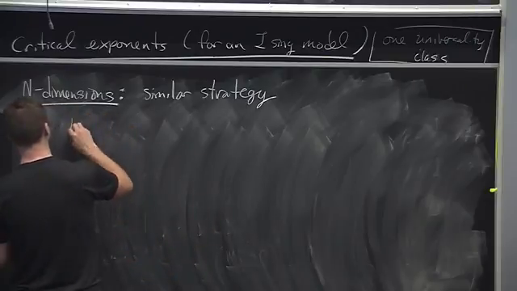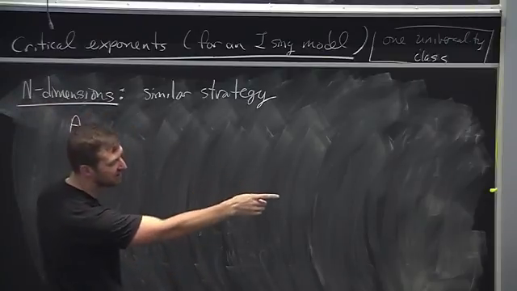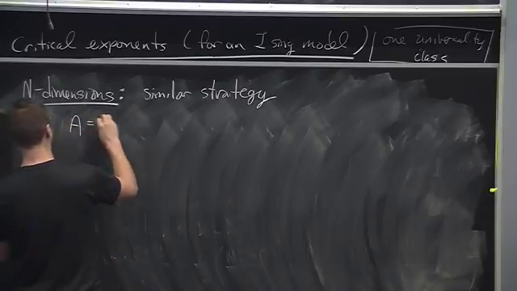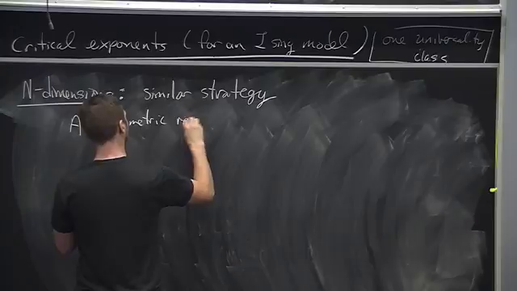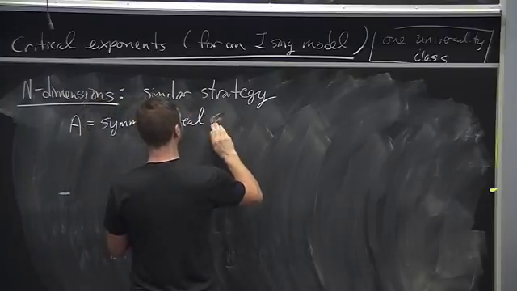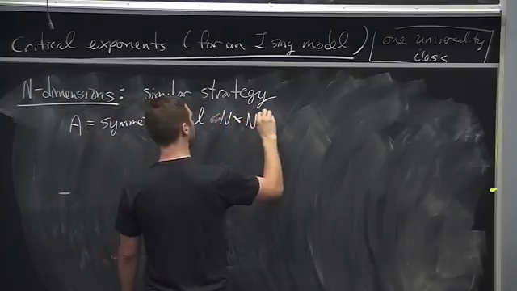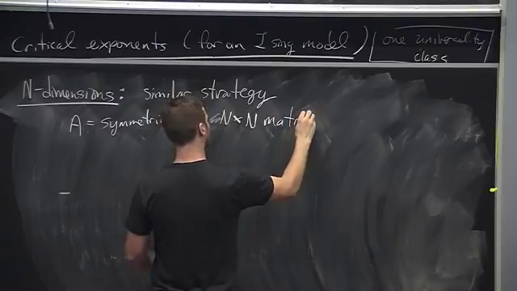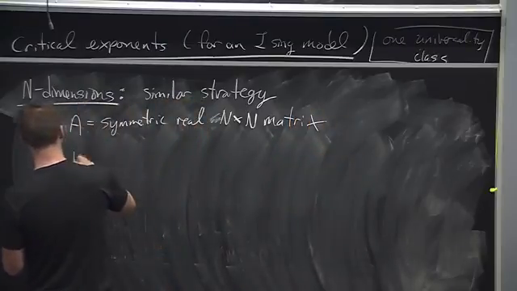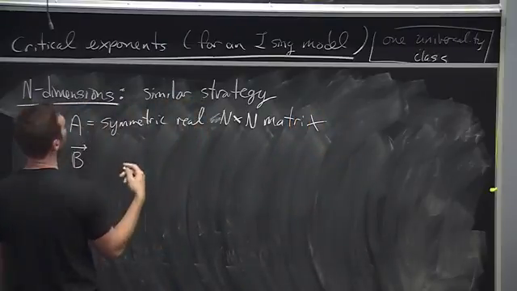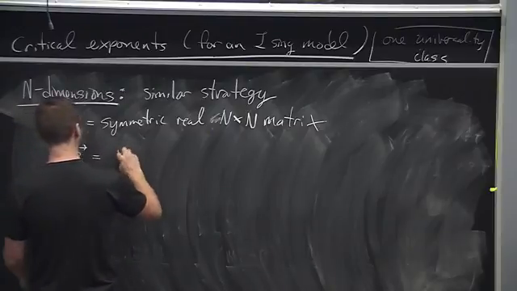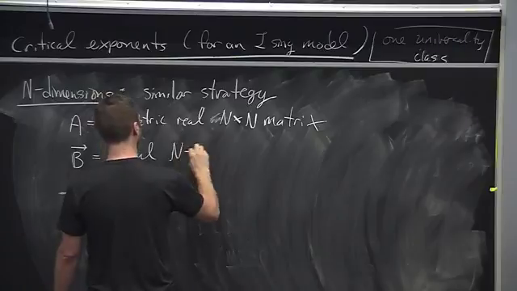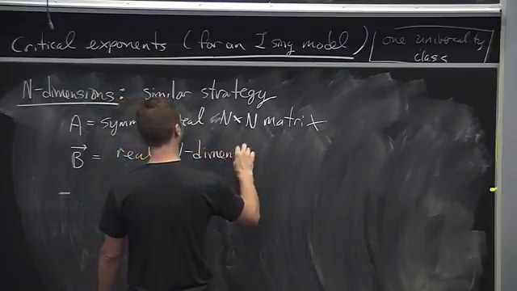A is that matrix, the same A that I've used over there, an invertible n by n matrix. But B couples to the linear term. It's going to be a real n-dimensional vector.